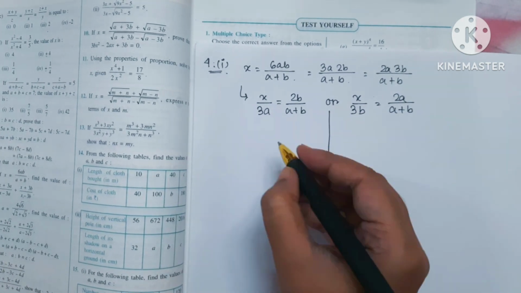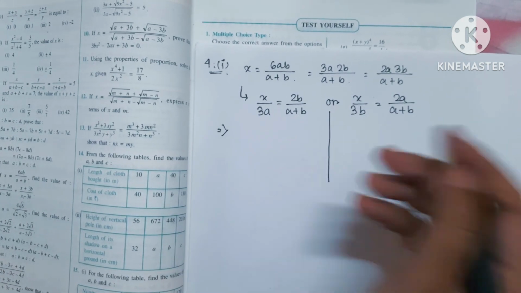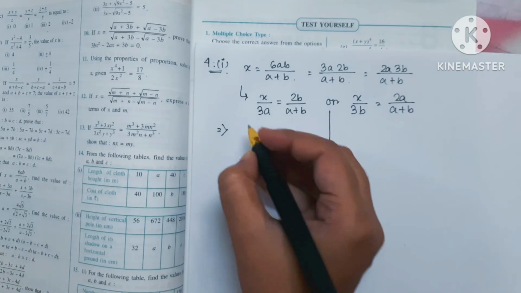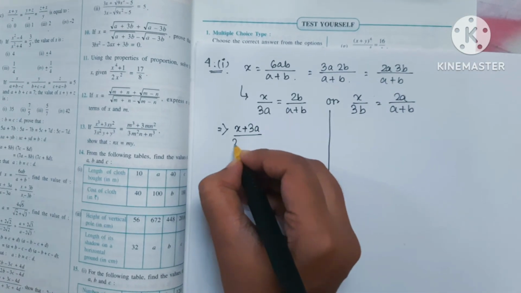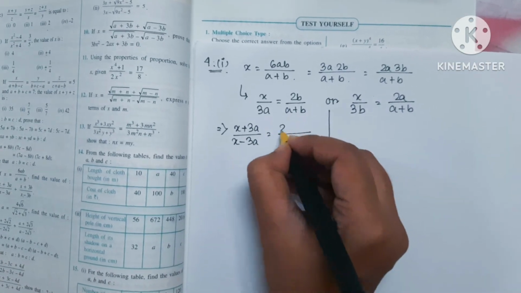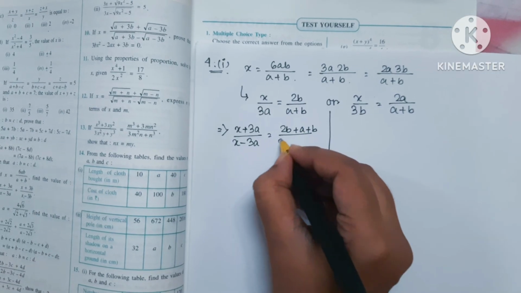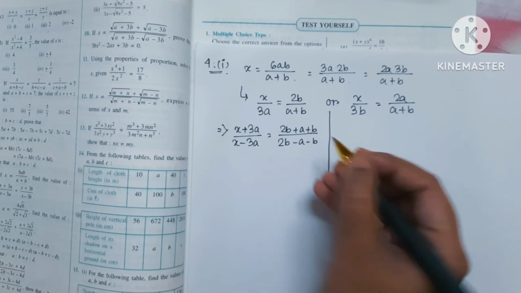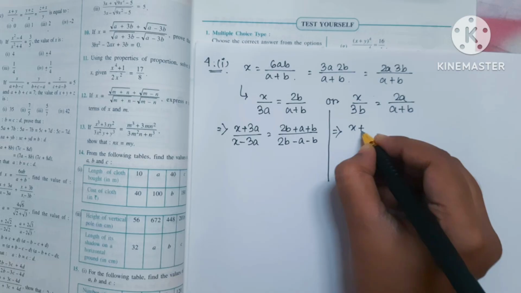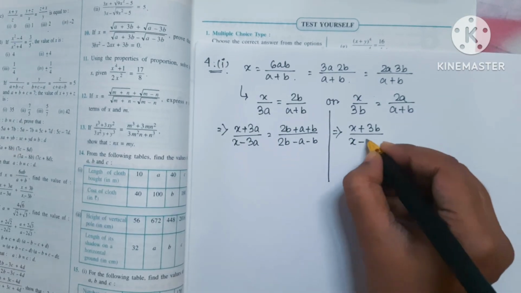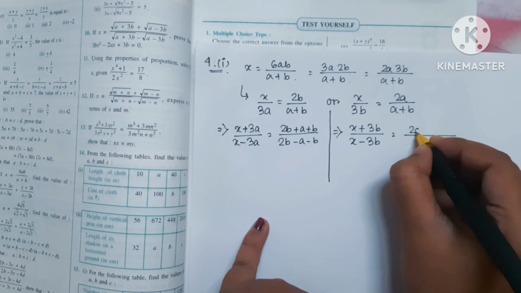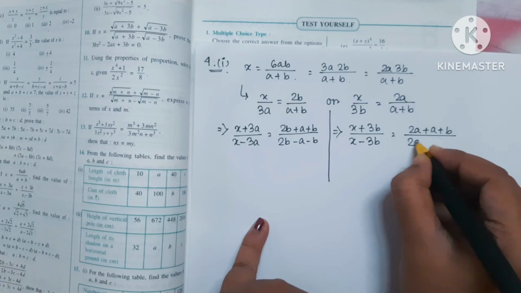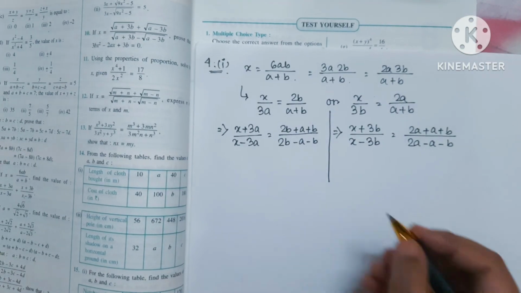Now from both the cases, if you apply the componendo dividendo formula, x plus 3a by x minus 3a is equal to 2b plus a plus b by 2b minus a minus b, okay? And x plus 3b by x minus 3b is equal to 2a plus a plus b by 2a minus a minus b, okay?